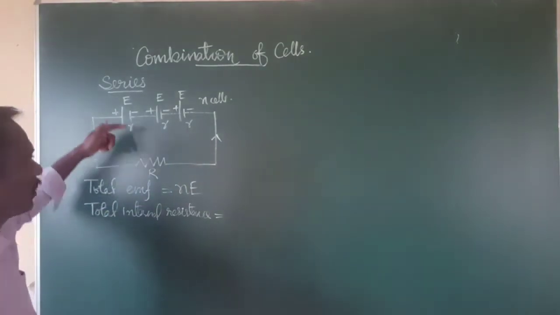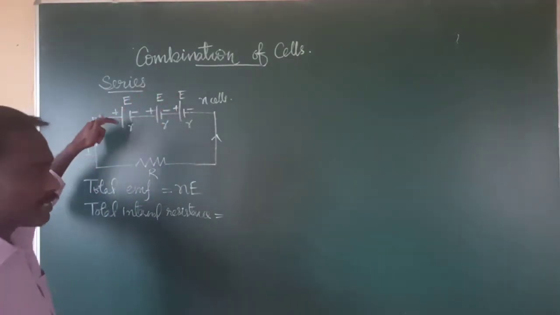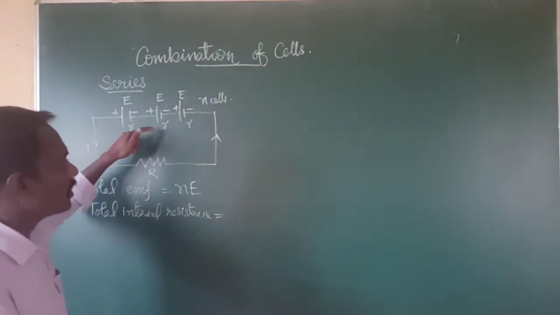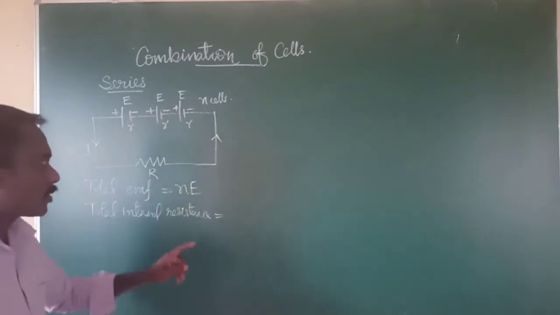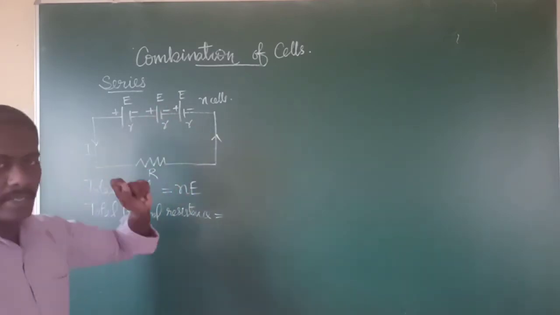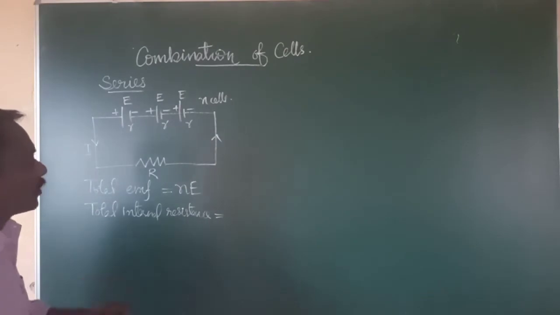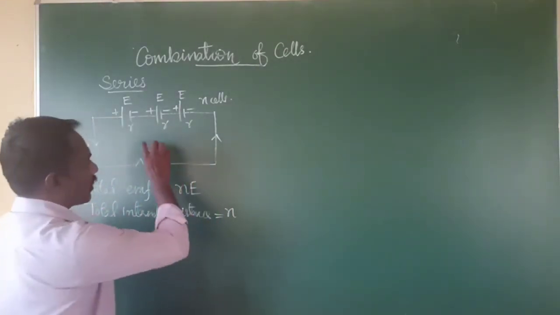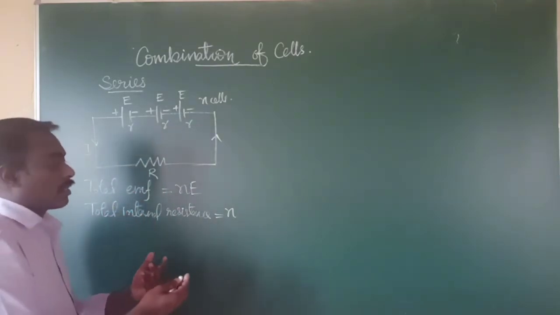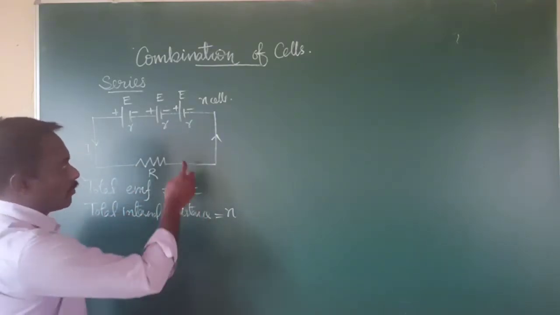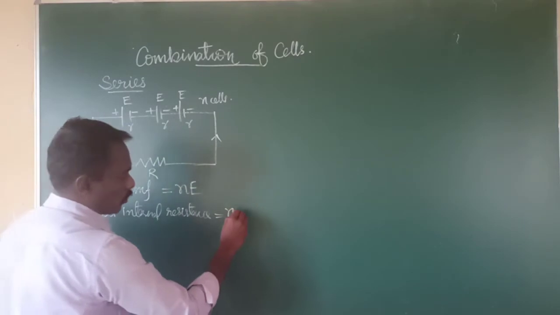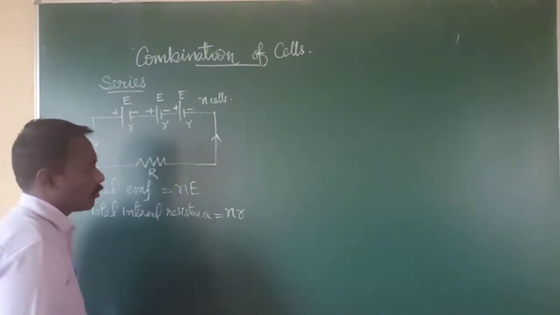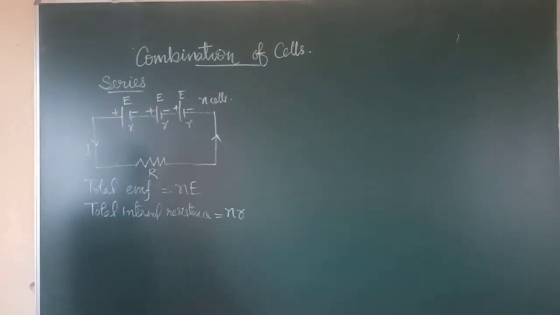As I said, if all these cells are identical, the internal resistance of each cell will be the same. So r is the internal resistance of a single cell. Then the total internal resistance will be the sum of the internal resistances of all the cells connected to the circuit. That means n cells are connected, so the total internal resistance will be N into r.